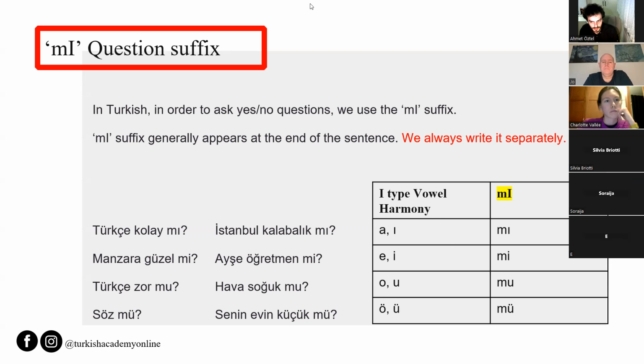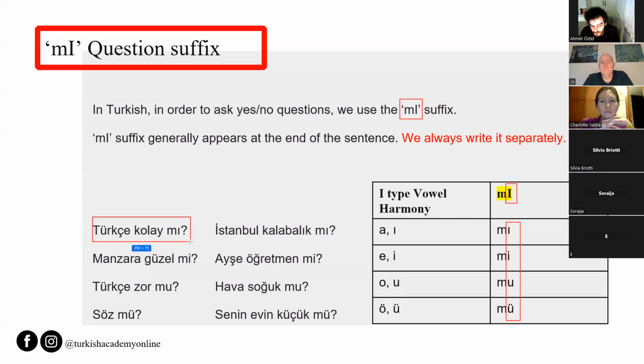And in the presentation, you are going to see this formulation over here, capital M with a capital I. The capital I means that I have a vowel harmony over here, and the vowel harmony that I have over here is the I-type vowel harmony. And the I-type vowel harmony has 4 options. So my options for the yes/no questions are mı, mi, mu, mü. And over here I have some examples.